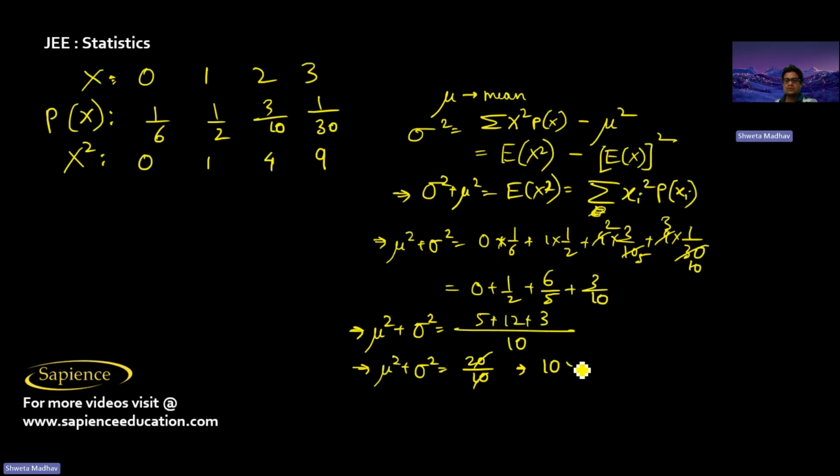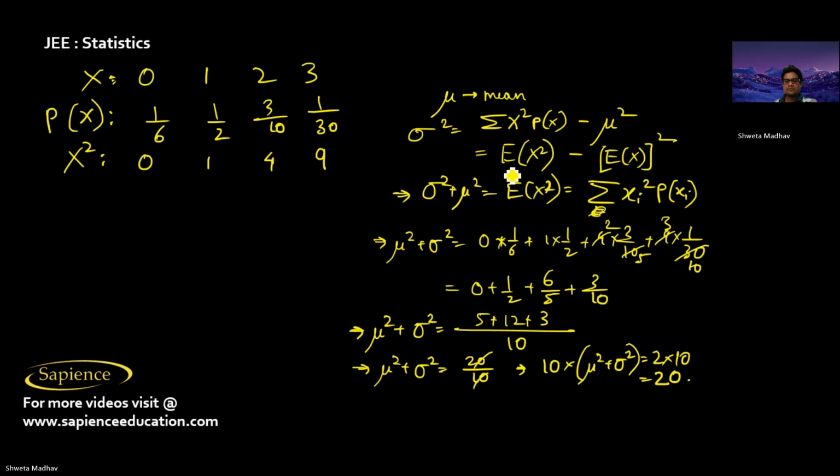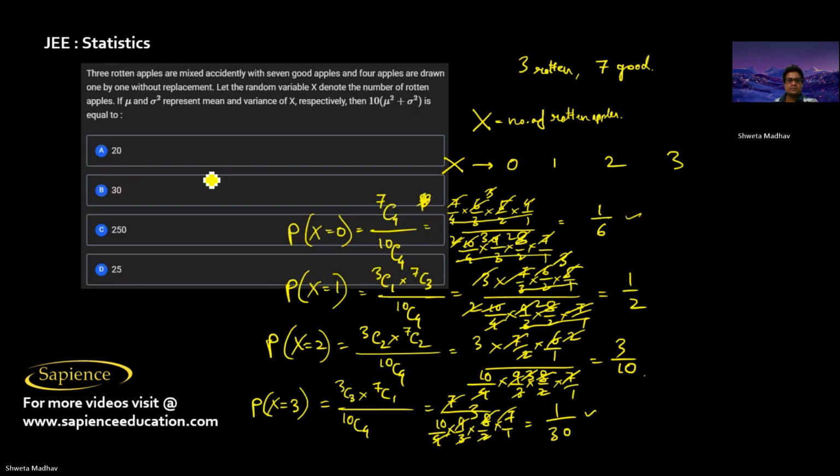It is 10 into mu square plus sigma square, so that will be equal to 2 into 10, which is equal to 20. So option A is the correct answer.